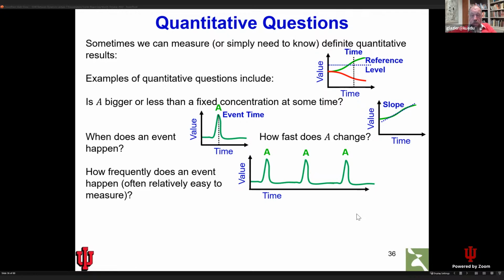But there's a hierarchy that qualitative questions are easiest to measure in experiment. Semi-quantitative questions are what biologists typically measure in experiment. They're a little harder to get than the qualitative ones, but they're usually possible. If I absolutely have to know quantitative results, it typically is pretty hard.